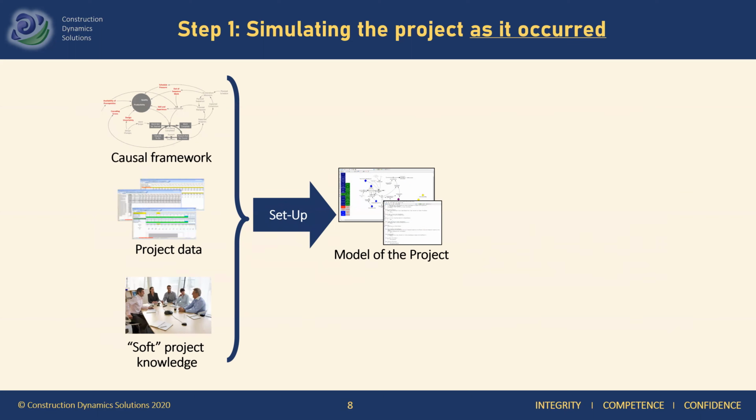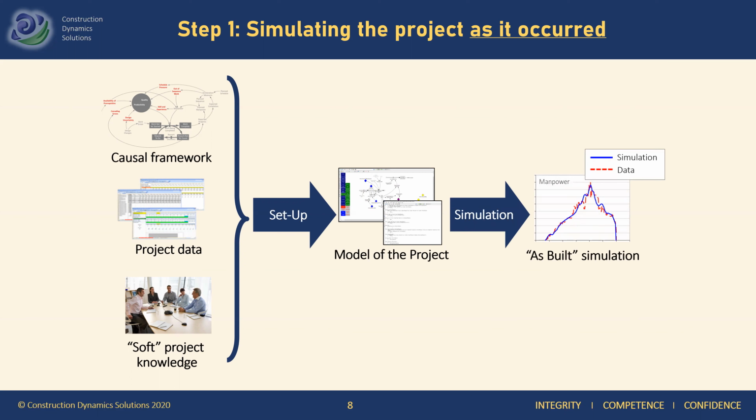Was it focused on keeping costs down, or rather on staying on time? All of this information then is integrated into the simulation model so that at the end of this process, when it's set up and well calibrated, the model is able to recreate the actual as-built performance of the project.